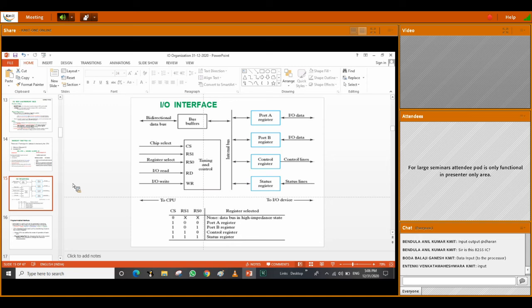Okay, any queries? This is today's topic, and next we are starting the MCQs. Please comment if any doubt, post in the chat box.